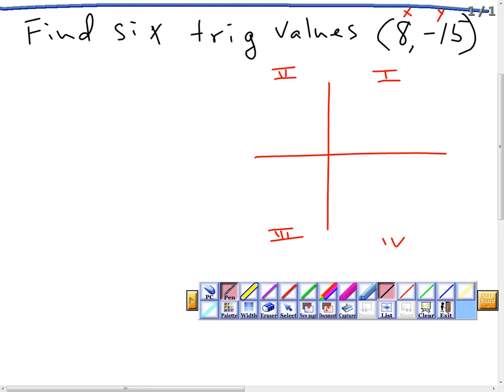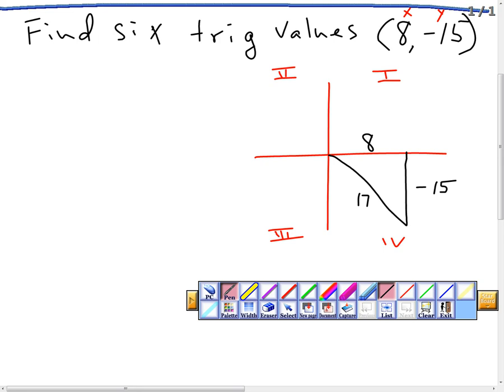Sydney? Fourth quadrant, right. So here we have our x value is 8, our y value is negative 15, and this is similar to the last problem, right? We already know that the hypotenuse is 17.